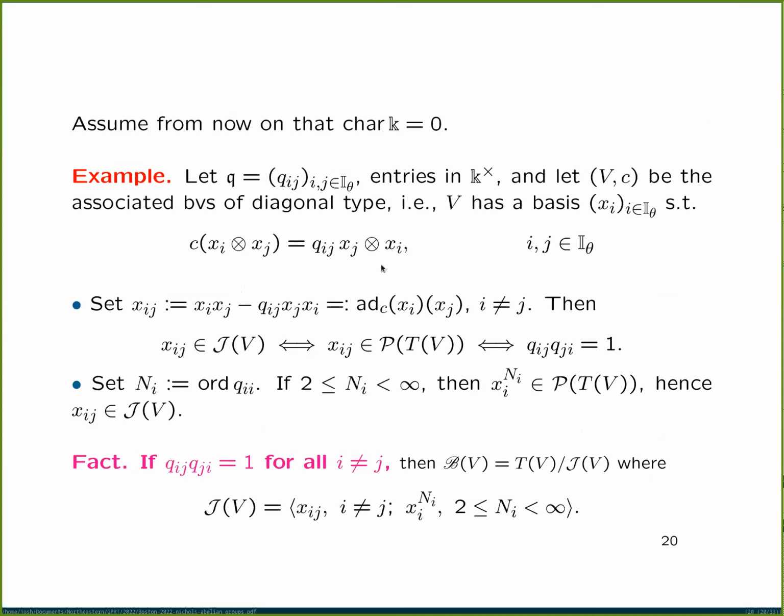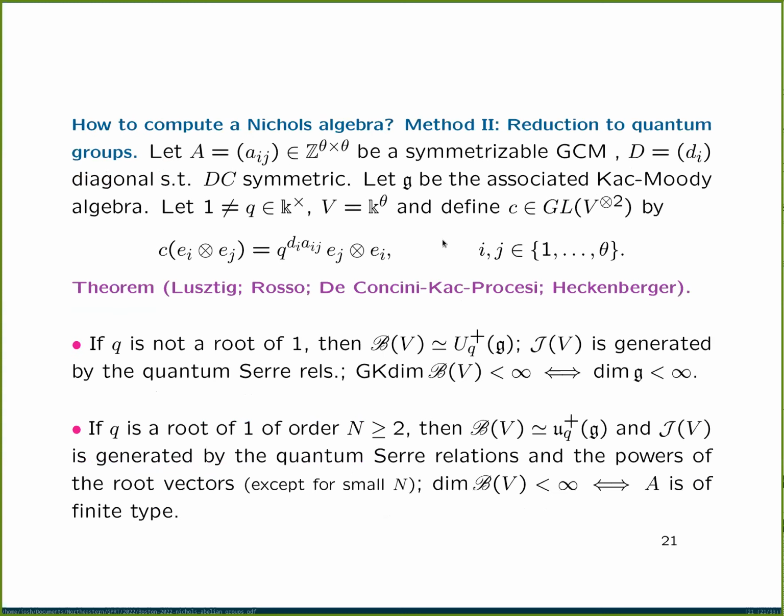Now, the second method is reduction to quantum groups. I go a bit quickly here because you all know this. I take a symmetrizable generalized Cartan matrix A, and I take a diagonal matrix D such that DA is symmetric. I changed the notation, I forgot to erase C. I take the associated Kac-Moody algebra, related to a symmetrizable GCM.